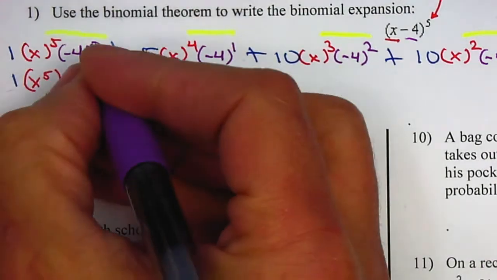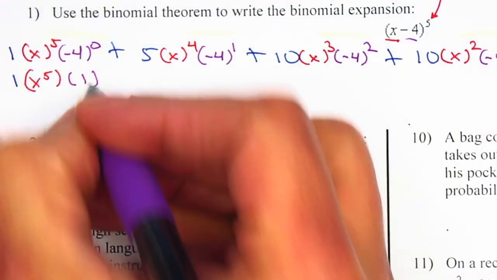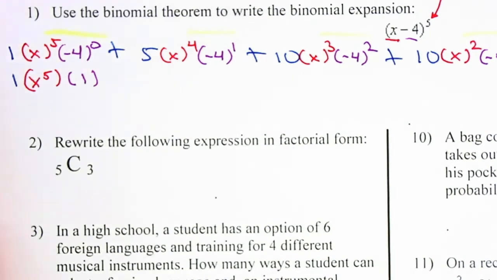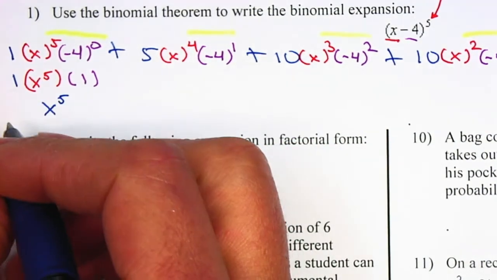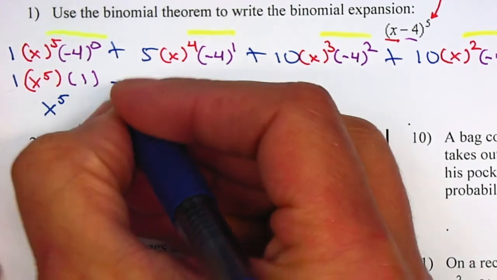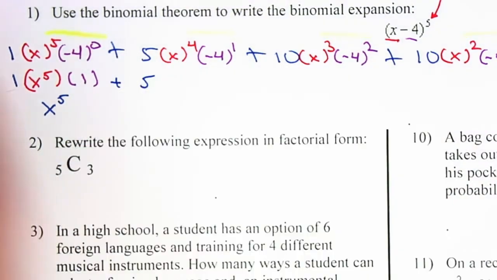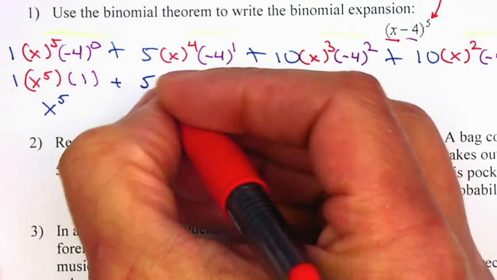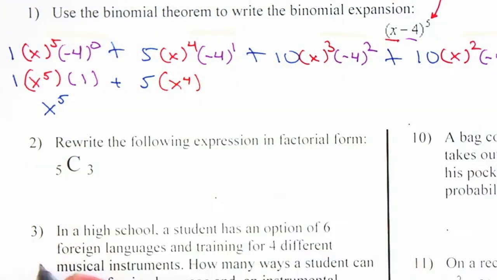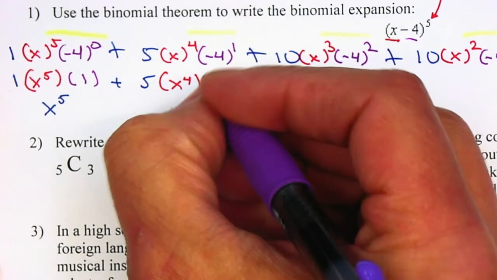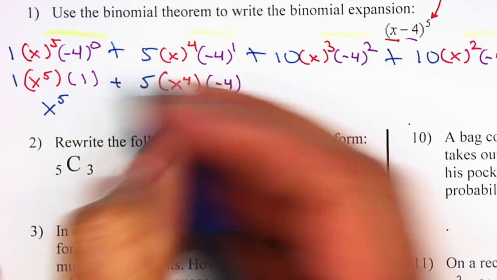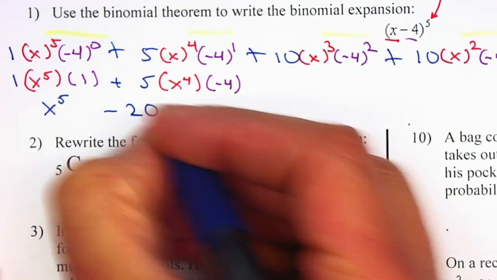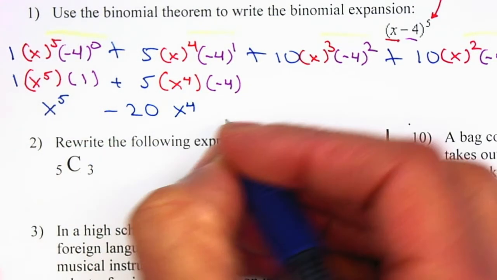Anything to the 0 power is just 1, so negative 4 to the 0 is 1. 1 times x to the 5th is x to the 5th, plus 5. That will give me x to the 4th. Negative 4 to the first power is just negative 4. Multiply 5 times negative 4 is negative 20, x to the 4th.